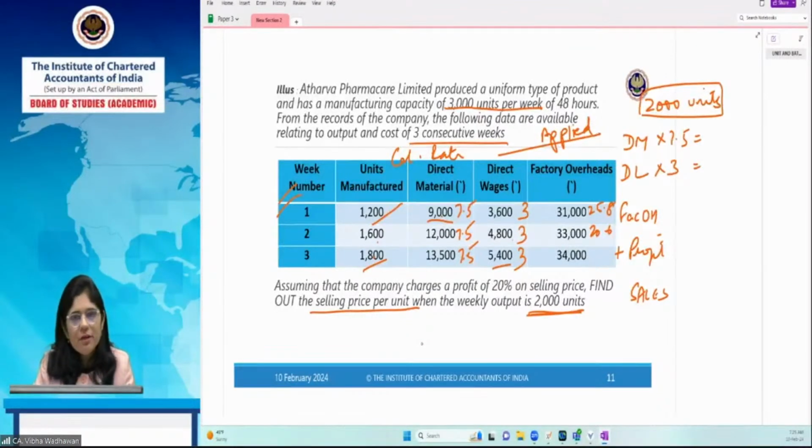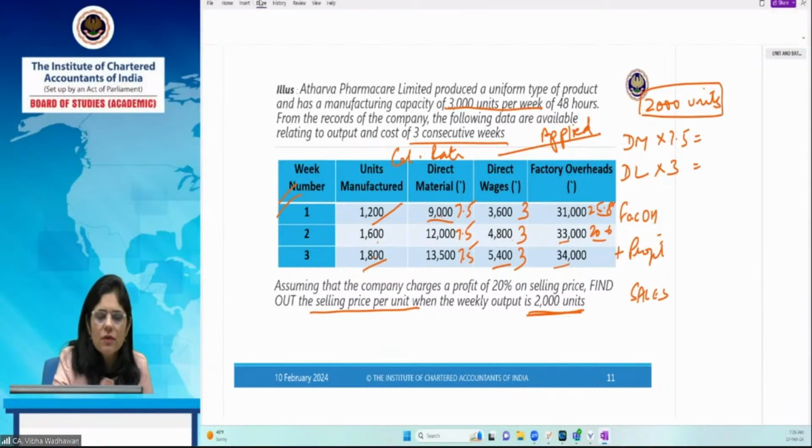Because for the first week it's 31, for the second week it's 33, for the third week it's 34. If it had been fixed, the amount would have to be the same. So factory overheads are not variable because the per unit is different every time, and not fixed also. That means factory overheads are a semi-variable cost. We have to split between variable and fixed.